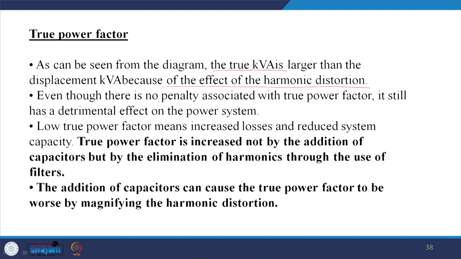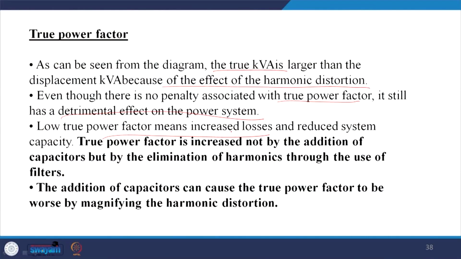Even though there is no penalty associated with the true power factor till now, it still has a detrimental effect on the power system, and we are coming to it, the effect of poor power quality. This I will take up in the subsequent lecture itself.